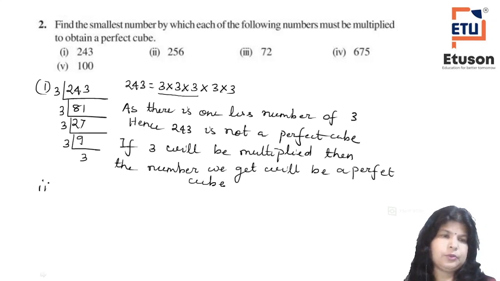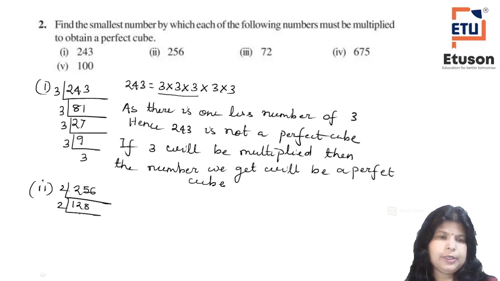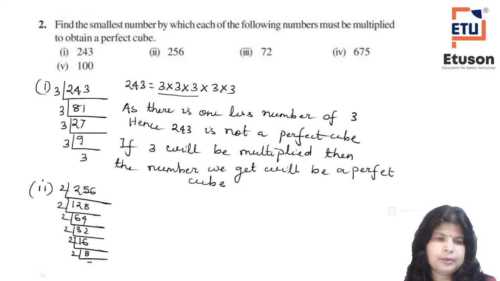Now let us go to the bit 2, that is 256. So let us find out the prime factors. 128, 64, 32, 16, 8, 4 and 2.